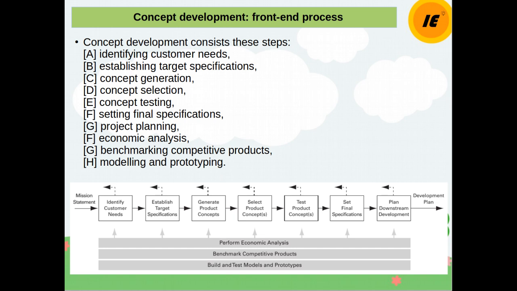The output of this stage is a list of target specifications. Each specification consists of a metric and marginal and ideal values for that metric. A method for the specification activity is presented later. So that's all about establishing target specifications.